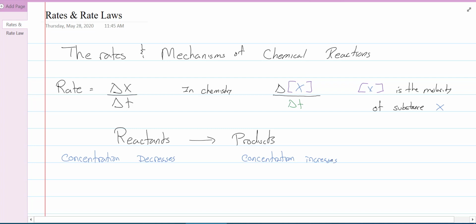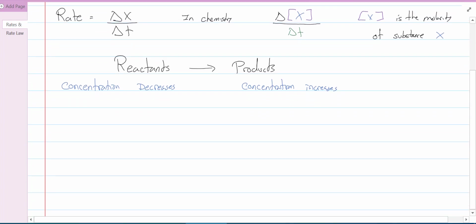Okay? And so we know this empirically, but there's actually ways to measure it. So let's take a reaction as an example. N2O5 as a gas decomposing into NO2 as a gas and O2.